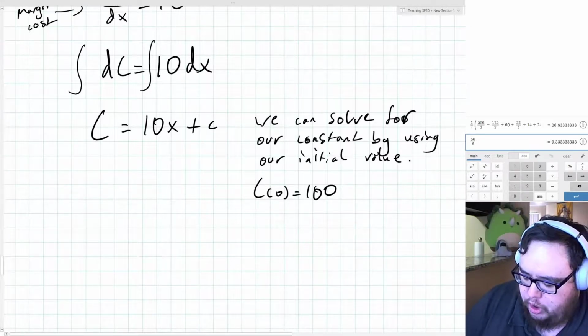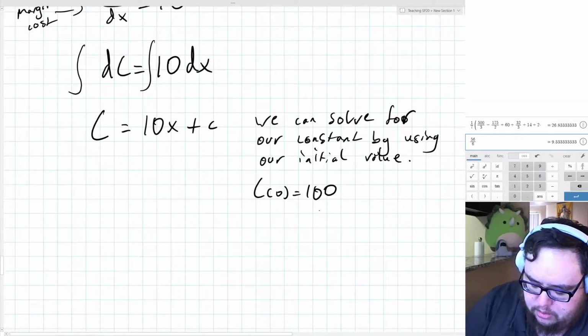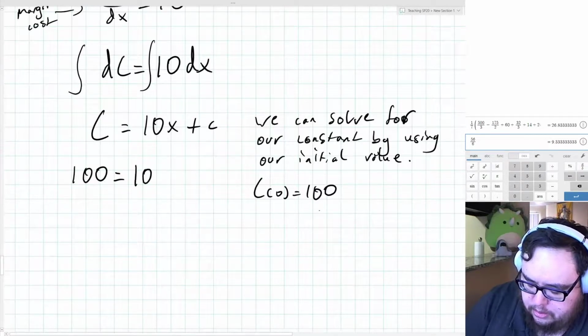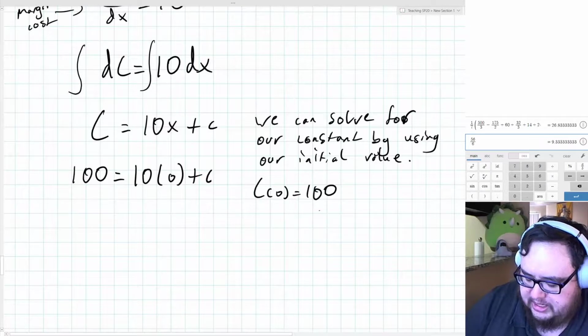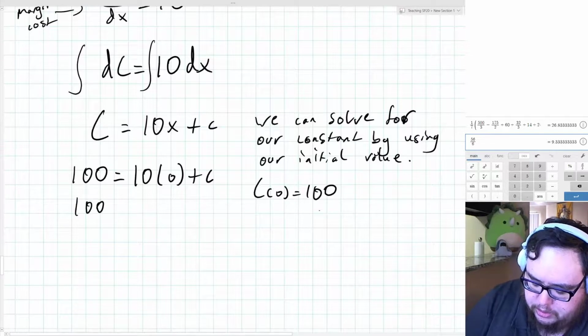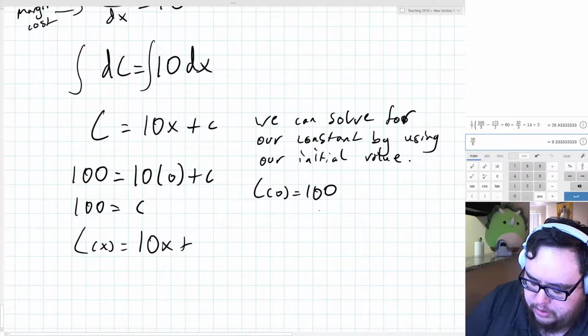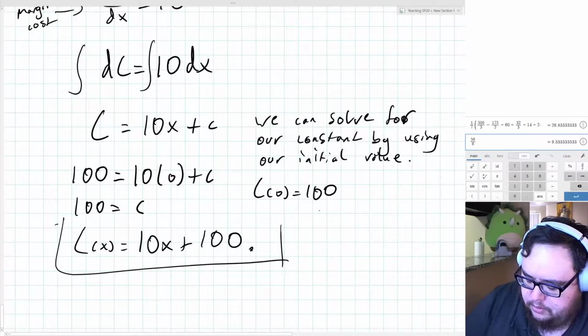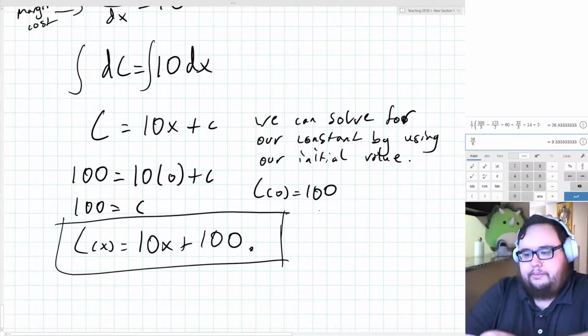So we can plug in 100 for C and 0 for x, plus little c. So 100 is equal to 10 times 0 plus c. So 100 is equal to c. And we get that our cost function, C of x, is equal to 10x plus 100. As desired.